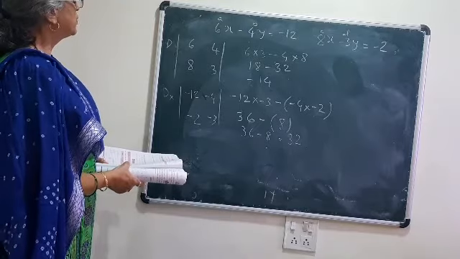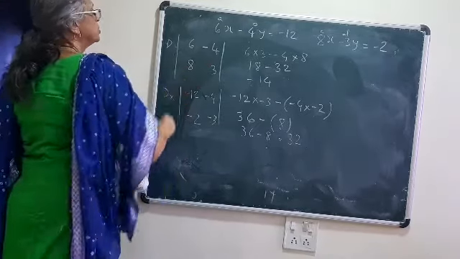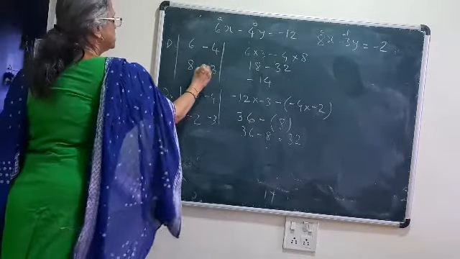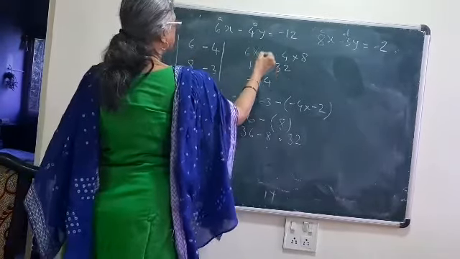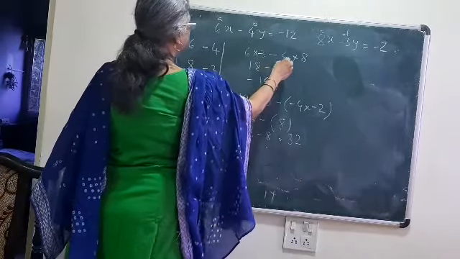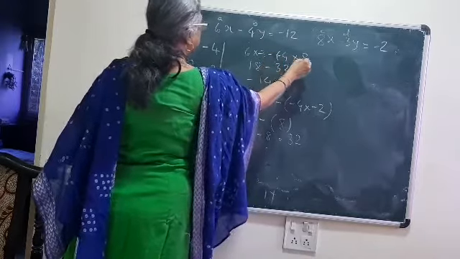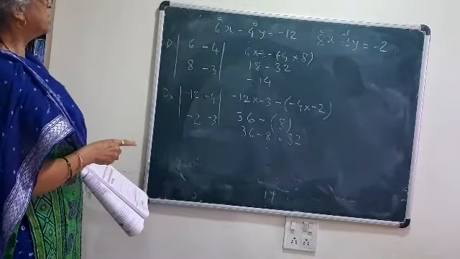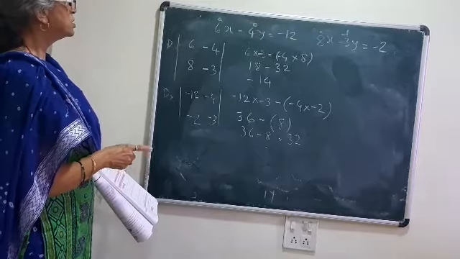For D we have written 6, here we are going to take minus 4. So 6, minus 4, 8 and minus 3 you have to consider. Make some correction over here. 6 into minus 3, because B is minus 4 and D is minus 3.